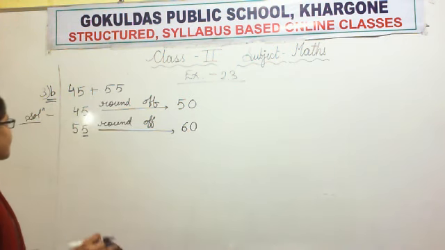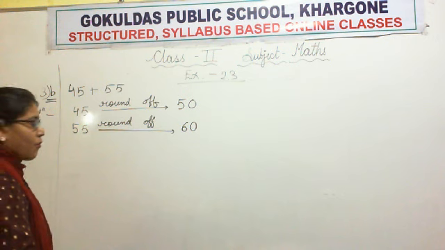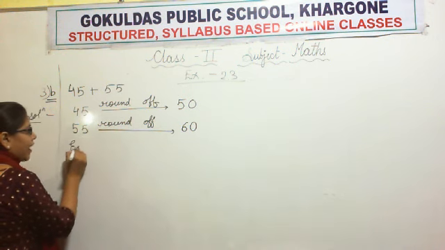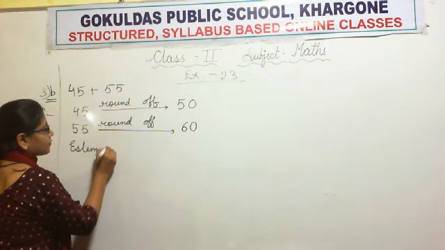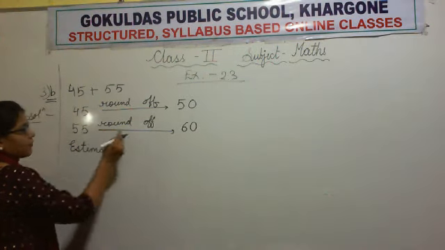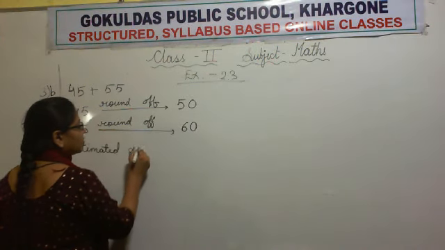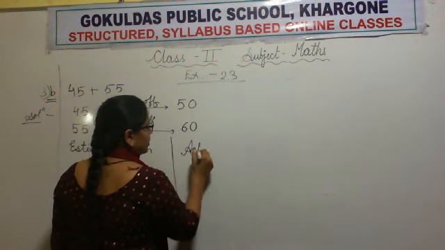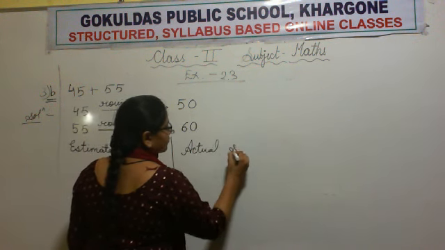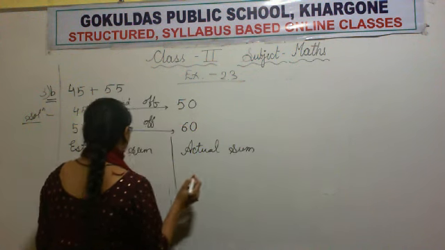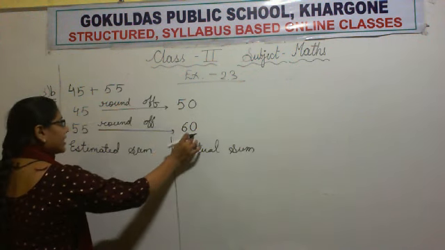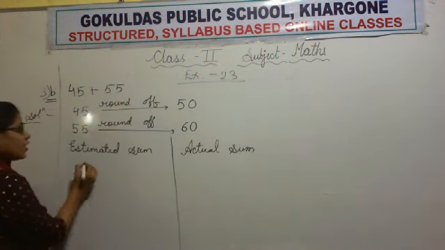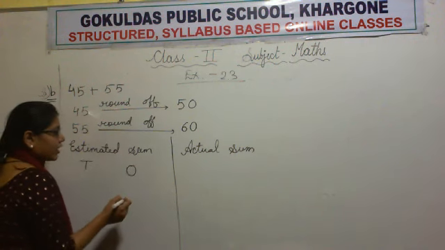Okay. Now we will find the estimated sum and actual sum. Two digits are there, so we will write two place values.